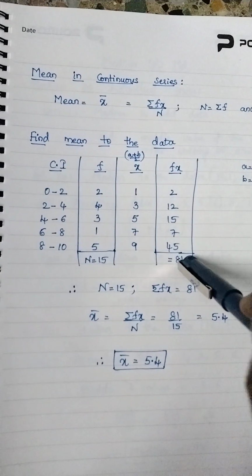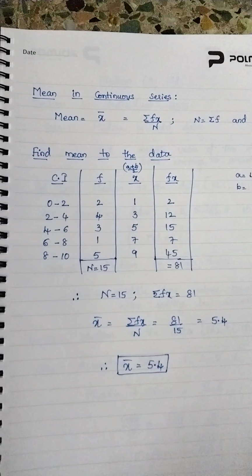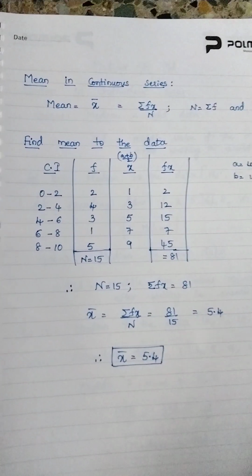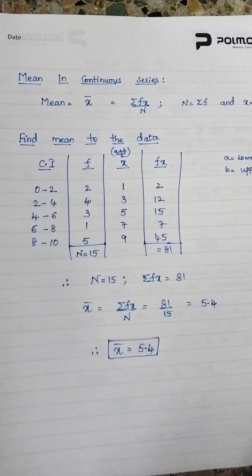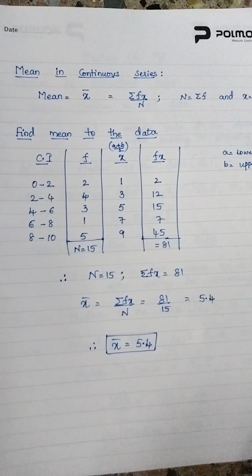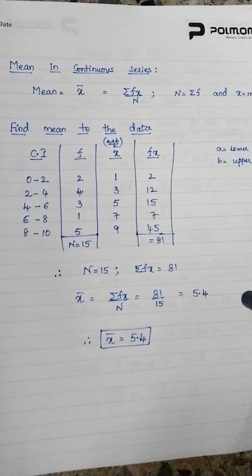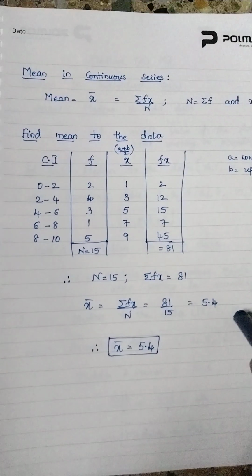Now you have to find fx. Why are we finding one more column of x here? We don't know the value of x. In discrete series, they have given the values of x and f. Here they didn't mention the value of x; it is in the form of class intervals. That's why it is called a continuous series.